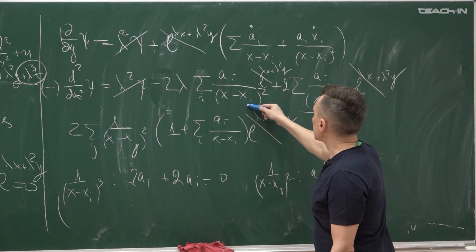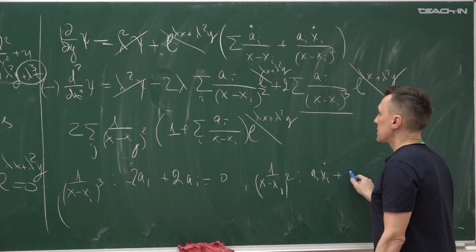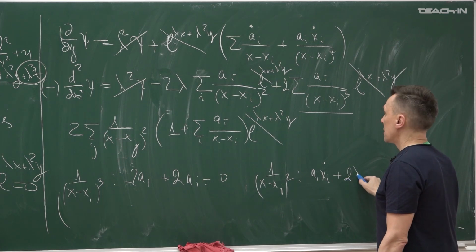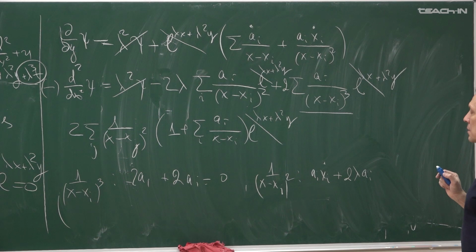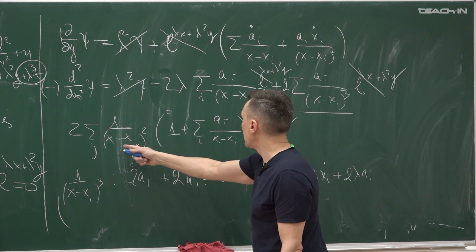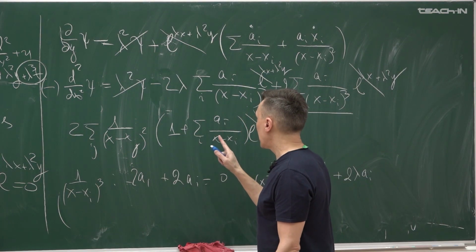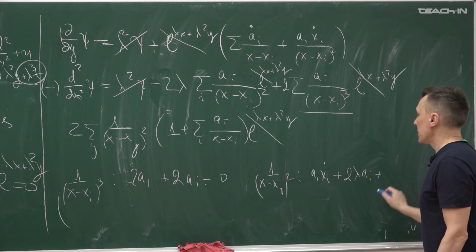We have the pole of order 2 here, which is plus 2 lambda ai, and the half coefficient of order 2 here of 2 types. Let us see. Plus.